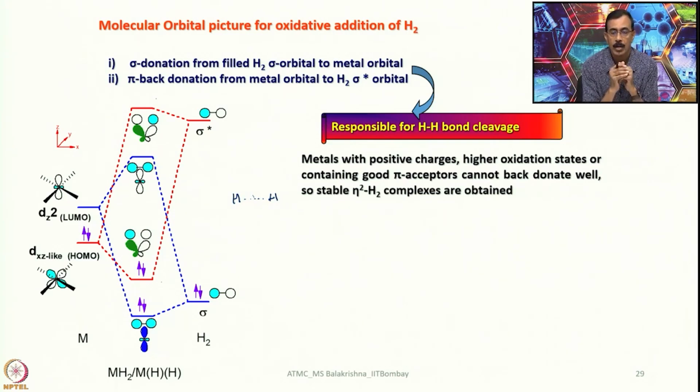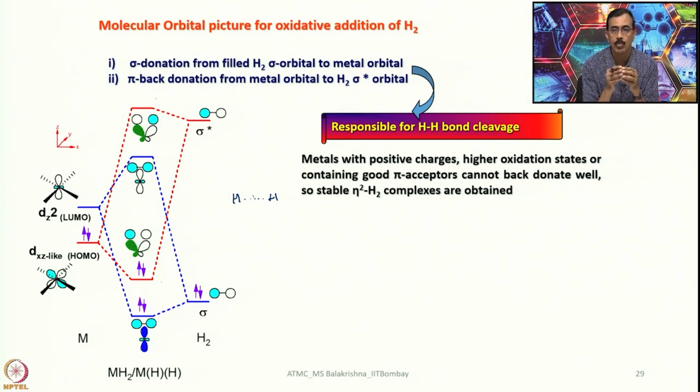Also, if we have very strong pi acceptor ligands already present on the metal, like carbon monoxide, they take the lion's share of the metal pi electrons towards them, so that fewer electrons are left for back donation to sigma star of hydrogen.